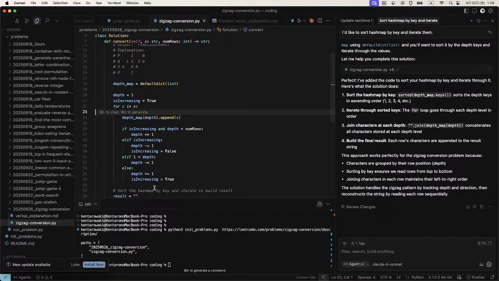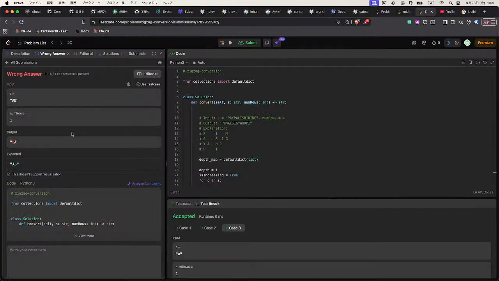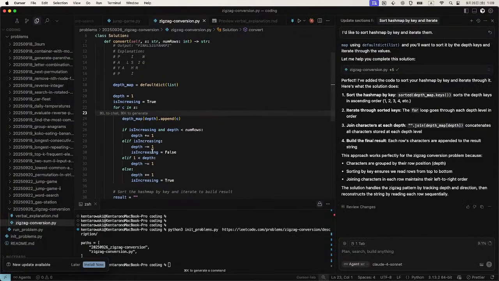I think we should fix these conditions because the number of rows is 1. The depths start with 1. I see.